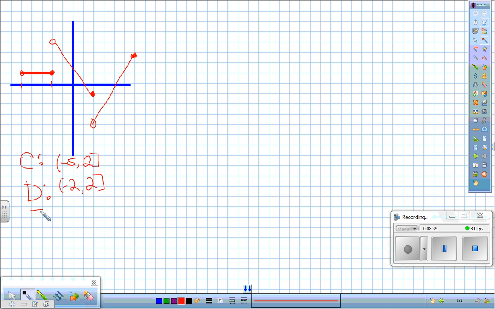Ignore the y values, which is sometimes where people actually get confused. Now for the actual increasing one, it happens at 2. It's in parentheses because it's an open circle, and it goes to 2, 4, 6.